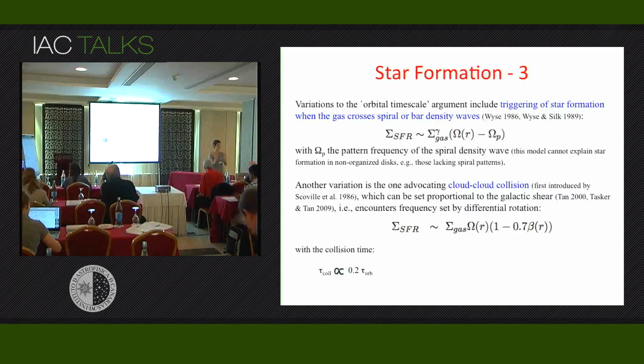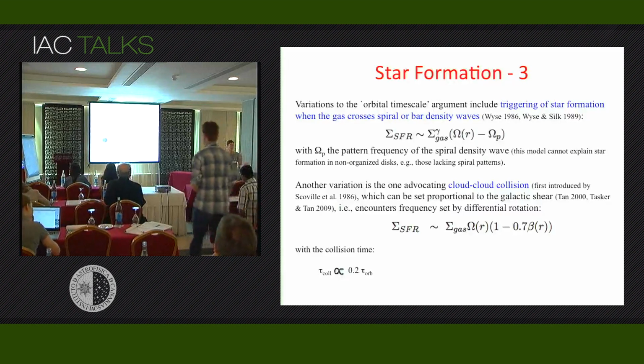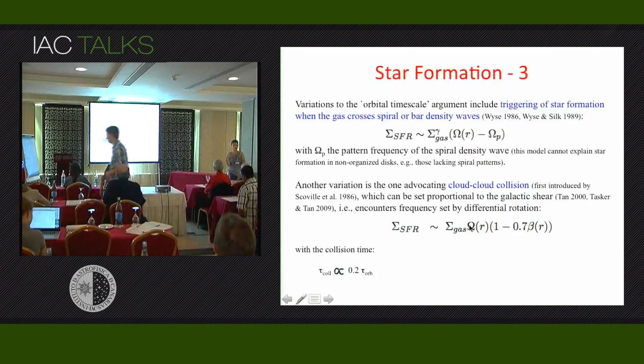Collision. Okay? Cloud-like collisions means that the differential rotation produces shear, and the shear promotes cloud-like collision, and they derive an expression for the relation between the star formation rate surface density and the gas surface density, linked through, again, the rotation frequency and beta, which is related to the epicyclic frequency.